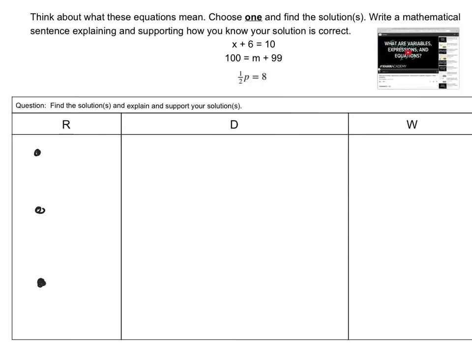After you have completed your read, let's go into draw. Now in the draw, remember from our previous lessons, you are to provide a math model and labels that will show how your plan makes sense.